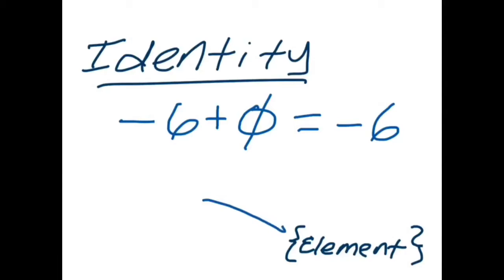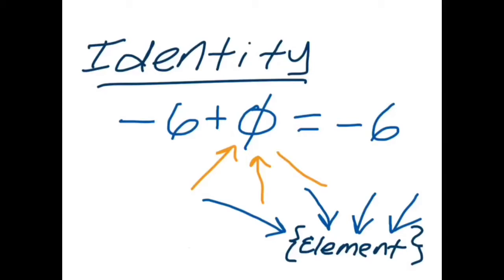Now, you'll notice down here this word element. An element is like a thing or a part of something, right? So remember this, because you will see it. The identity element for addition is 0.